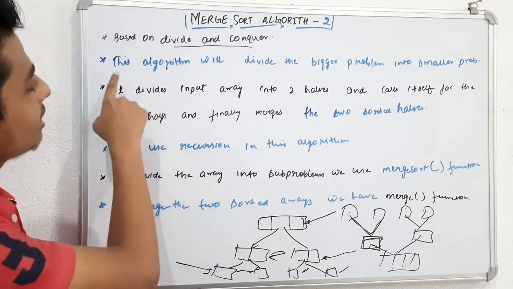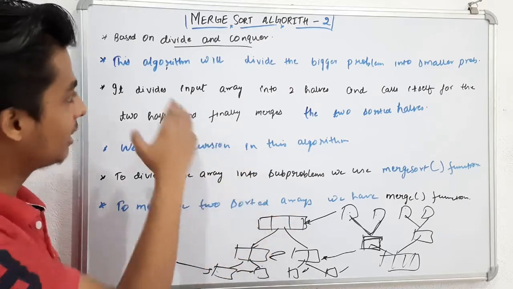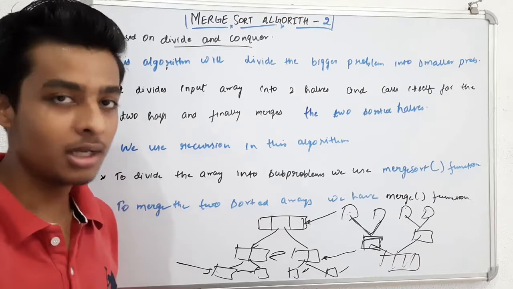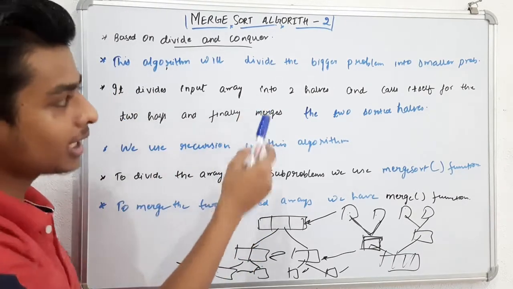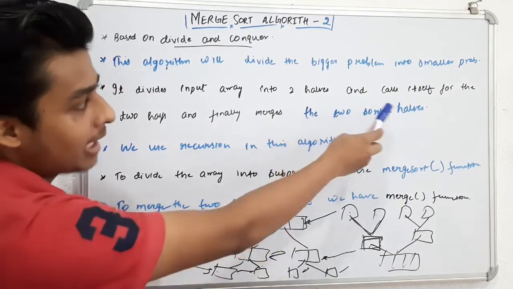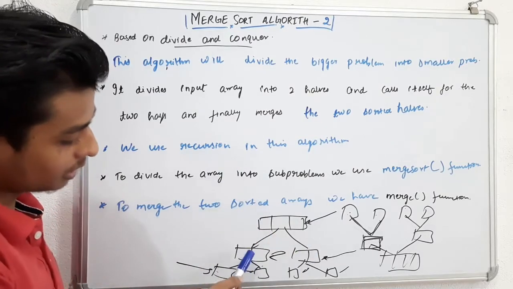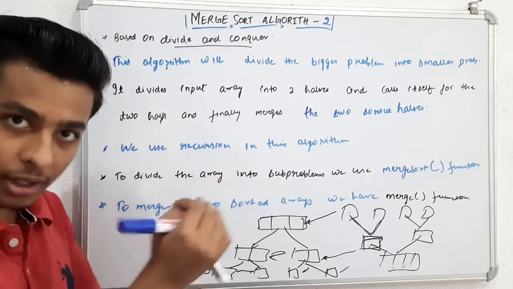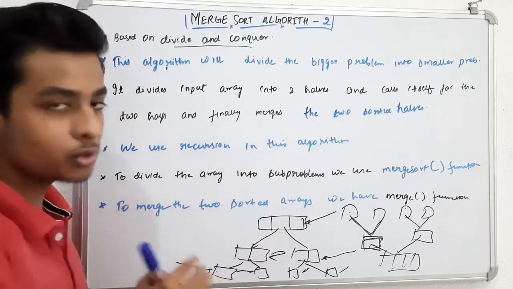Okay, fine. The next point is almost similar to what I have just discussed: this algorithm will divide the bigger problem into smaller problems. This is what we have done here, right? It divides the input array into 2 halves. So this is my input array, these are the 2 halves, and again it calls itself for 2 halves again. You go on doing that, and then finally it merges the 2 sorted halves.